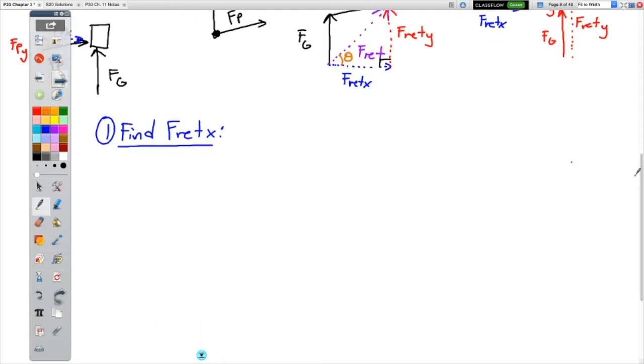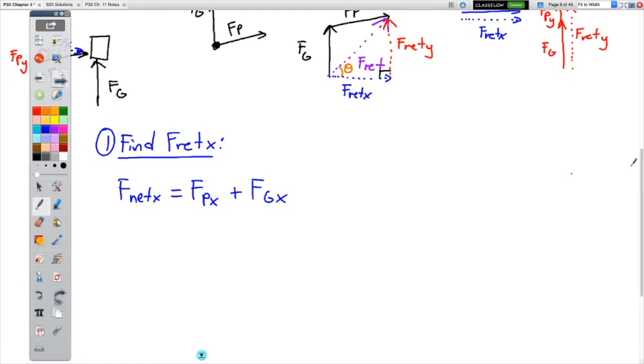Find F net x. I'm going to write this down because this is how we're going to solve every vector addition problem we ever do, and any ones you've already done, you've already followed this process. We're just using forces now instead of something else. So where did F net x come from? It came from the x component of every vector along the way. So it came from F Phil x, Phil's x component. It also came from George's x component. And right now you're probably saying, but George doesn't have an x component. Yeah, you're right, he doesn't, but this is still true.